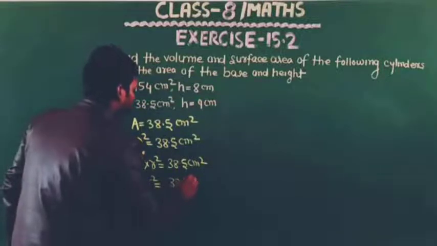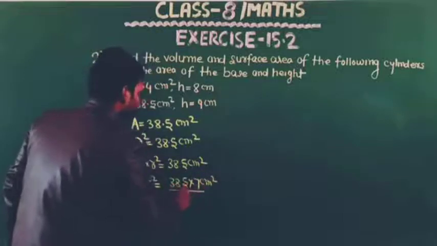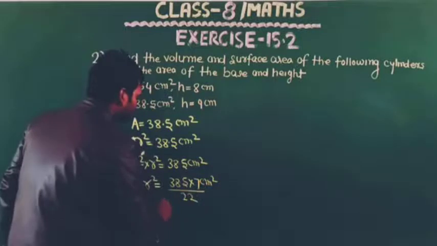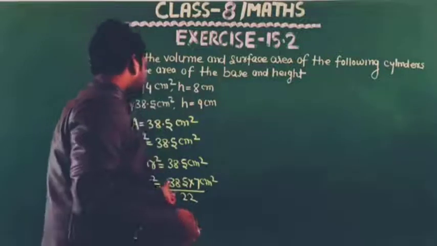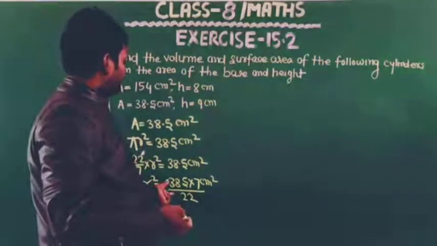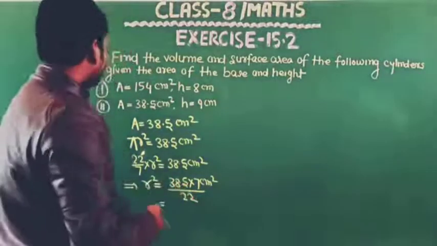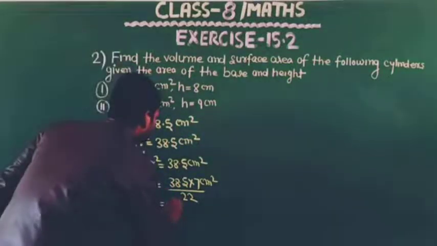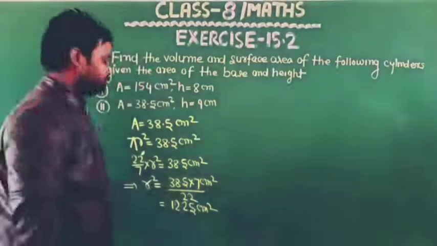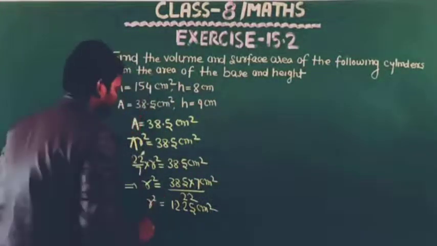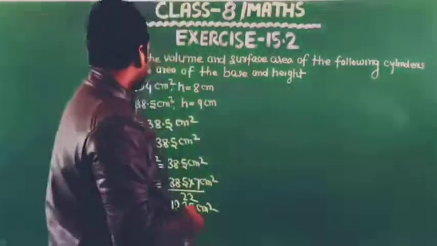This implies radius r square equals 38.5 into 7 centimeter square divided by 22. After simplification we get the value of this expression, which is equal to 12.25 centimeter square.